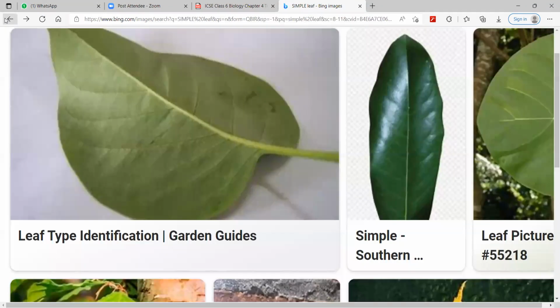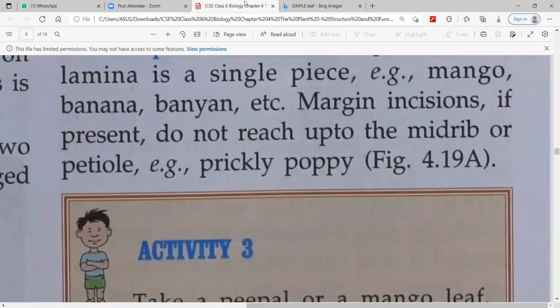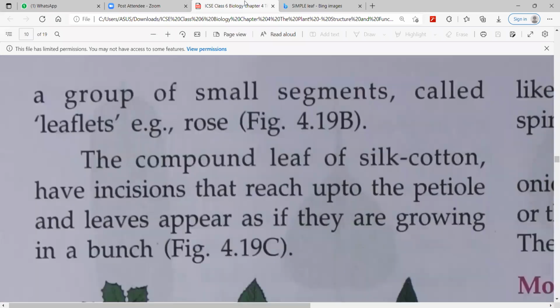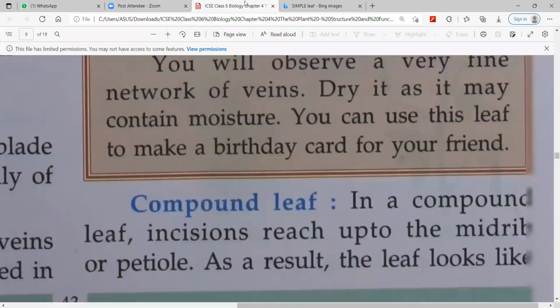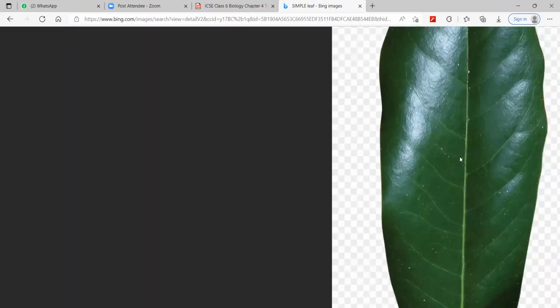In the leaf in which the whole leaf lamina is complete and the margins or incisions do not come up to the midrib, it is a simple leaf. We have here this picture and the margin.